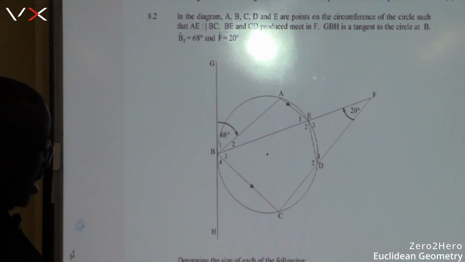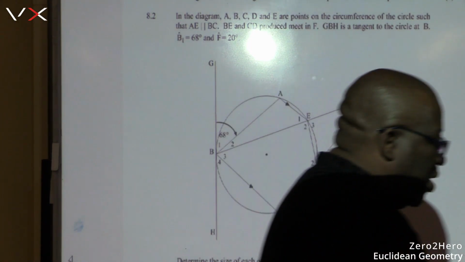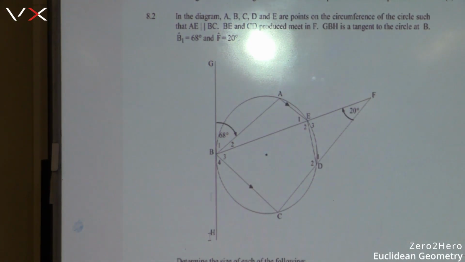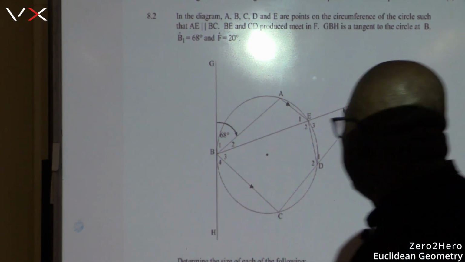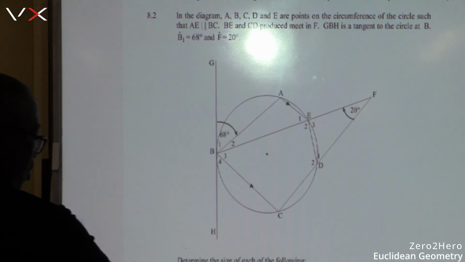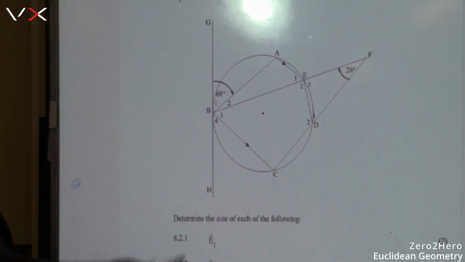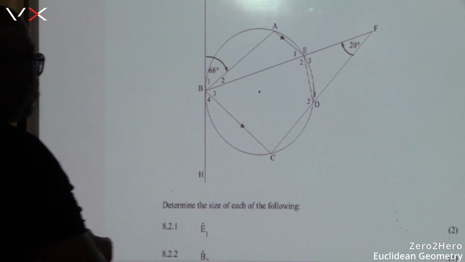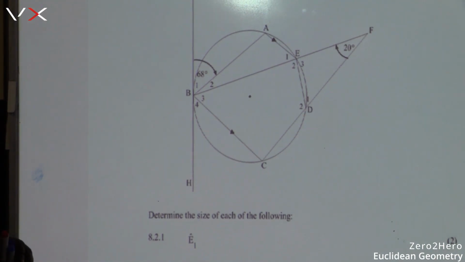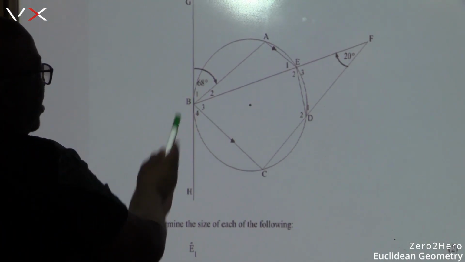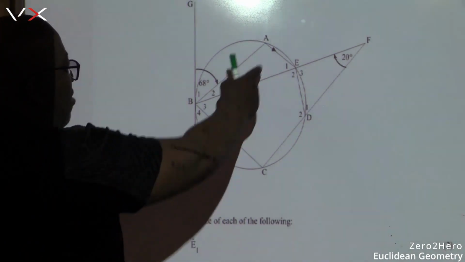B1 is 68 and F is 20. Let's quickly work it out. Question number 1, for 2 marks, find the value of E1. Where is E1? This is where E1 is. What will be the size of E1? I've got this one at 68. This is a tangent and this is a chord.